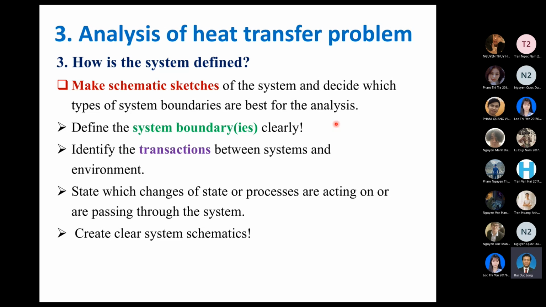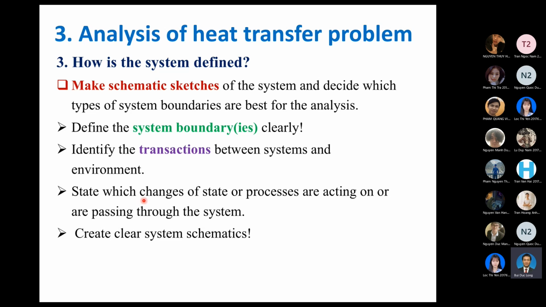So you have to define the system boundary clearly, so we can solve a complex problem, or in other words, we can simplify the problem. Identify the transactions between system and environment. Transactions are also very important to solve the problem.